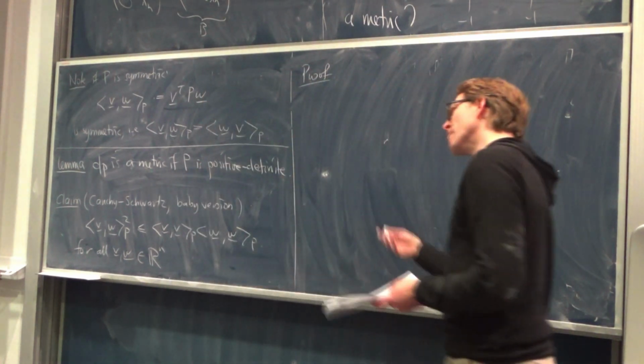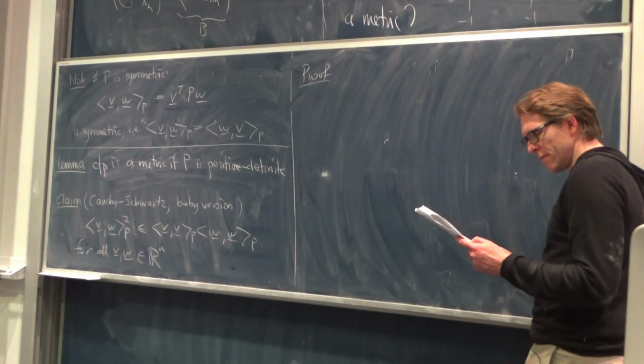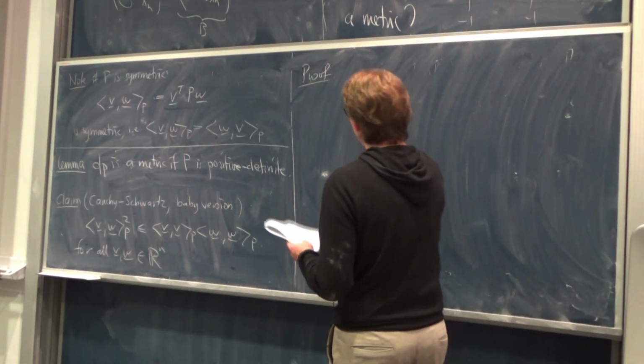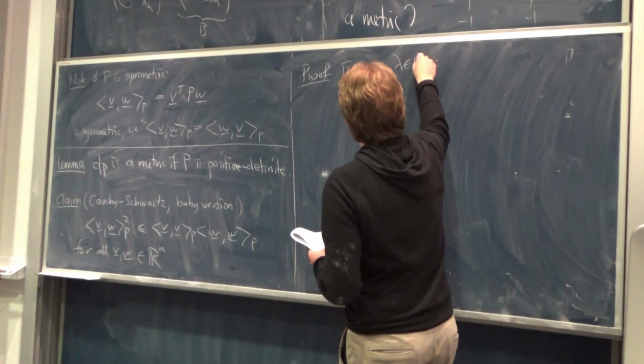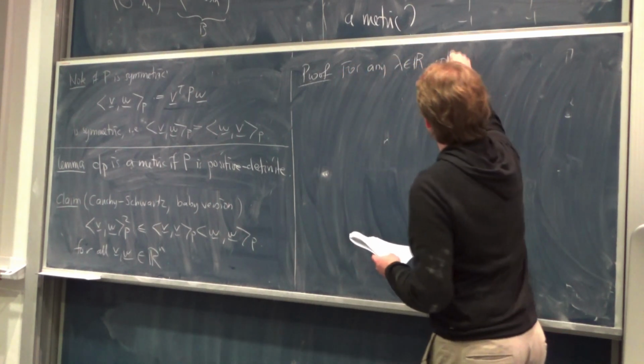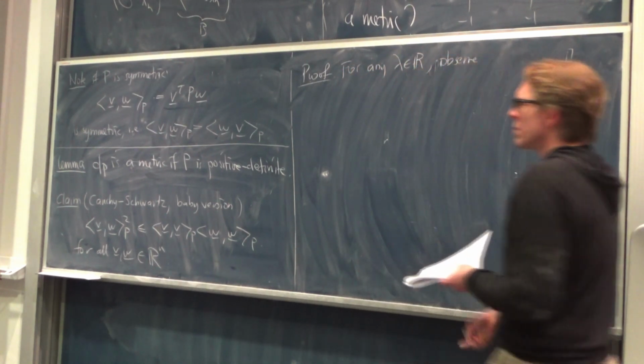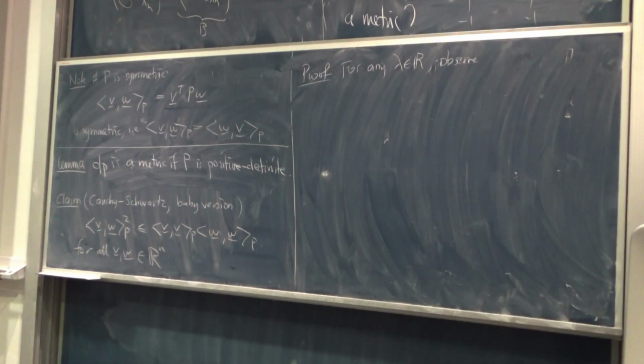And once we've seen the trick from the previous proof, this seems fairly straightforward. Okay, so we're trying to prove this for a fixed pair V and W, right?